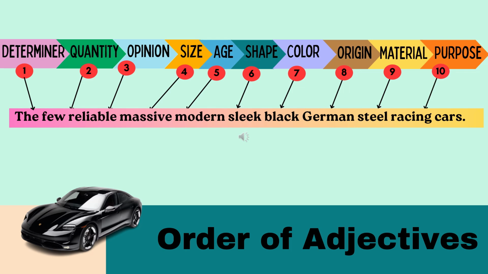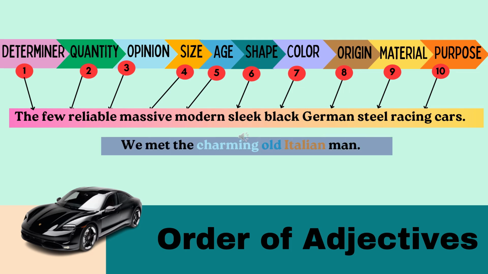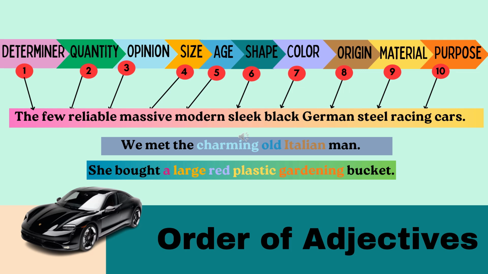The order moves from general opinion to specific physical facts and purpose. We met the charming old Italian man. Opinion before fact. We would not say the Italian old charming man. She bought a large red plastic gardening bucket. The sequence is logical: size, then color, then what it's made of, and finally, its purpose.